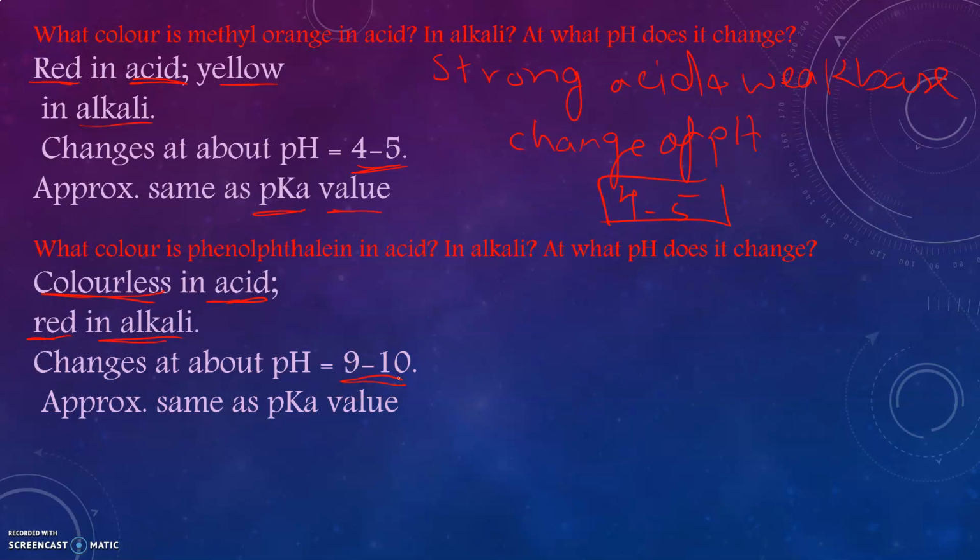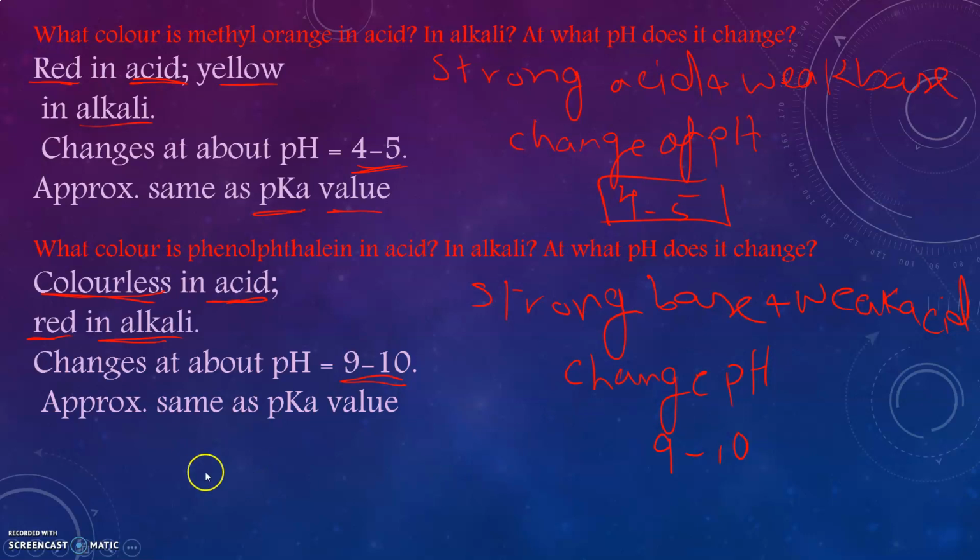That's why it can be used when you're using strong base plus weak acid, because the pH change is from 9 to 10. 9 to 10 is more than 7. This means that it will be shown clearly when the solution is more basic, that is, strong base and weak acid.